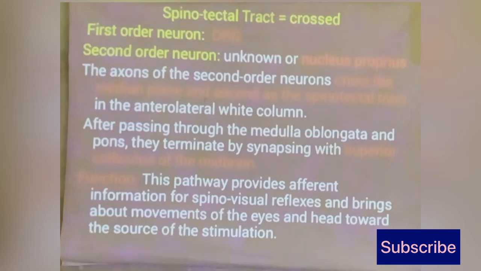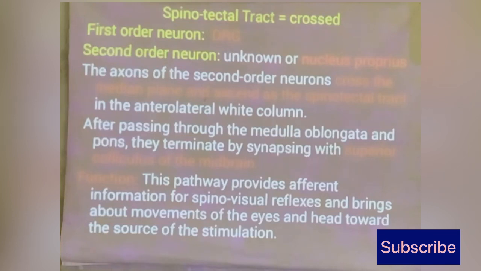But in other texts, some authors believe that the second order neuron begins from the nucleus proprius. Are you clear? So there are these two contemplations. The nucleus is either not known or known. If it is unknown, it passes through the posterior horn, the second order neuron, nobody knows it, so it passes out from the posterior horn and then ascends to the opposite side.